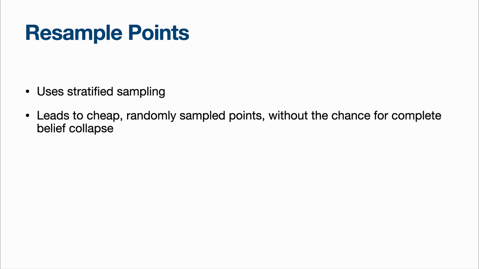And this is what's used in the stratified resampling in resample. This is a cheap, randomly sampled point without the chance for a complete belief collapse. So what this means is, let's say you have a couple particles that are very highly weighted, and you just randomly sample, simple random sampling. This is something you can just Google. It's in statistics, where you just randomly sample over and over again.